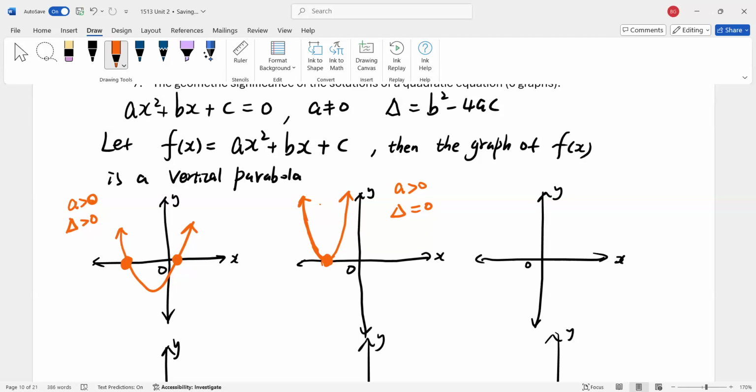It has one real solution, but in fact, it's two solutions that are identical. Two identical solutions if delta equals 0. If A is positive and delta is negative, then the graph looks like this. There are no x-intercepts, so no real solutions. The equation has no real solutions, which means it has two imaginary solutions with i in it.